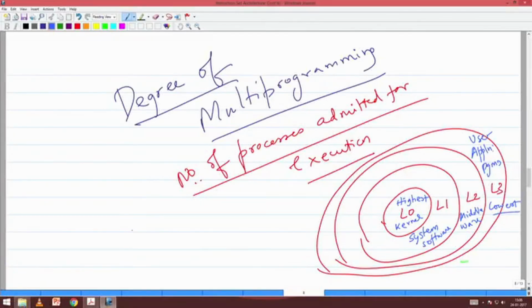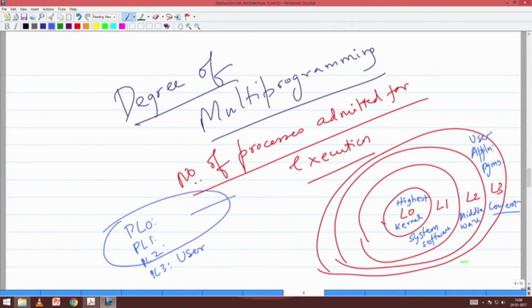Okay. Now, PL0 has the highest privilege. PL1, PL2, PL3, this is the user. Many of the operating systems that run on x86 architecture will take all these privilege levels as supervisor mode and this as user mode, right.